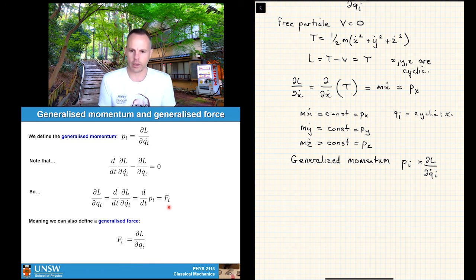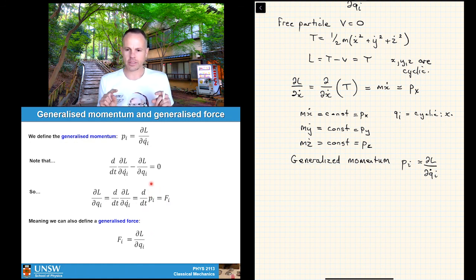And in the explanation I just gave, we talked about force being 0 as the coordinate is cyclic, right? So it makes perfect sense. It's a consistent thing. And so we can define this thing as a generalized force, right? And so if you think about what your Lagrange equation really is, it's F equals dp/dt.